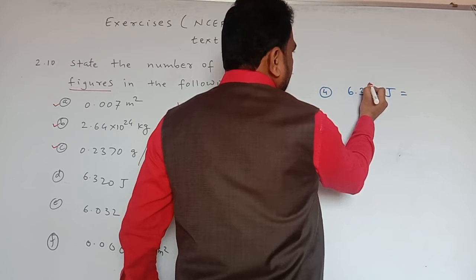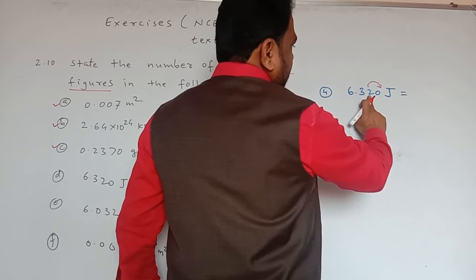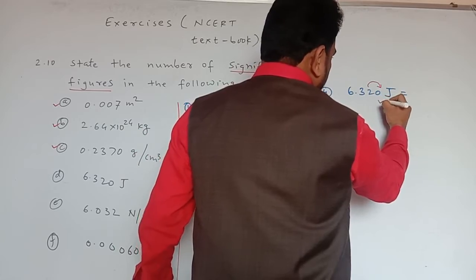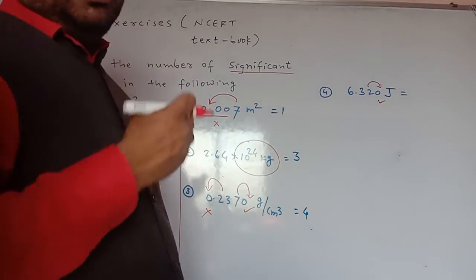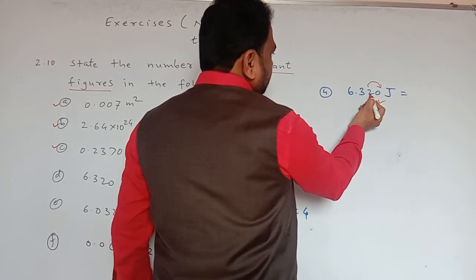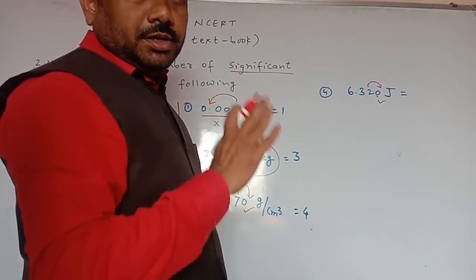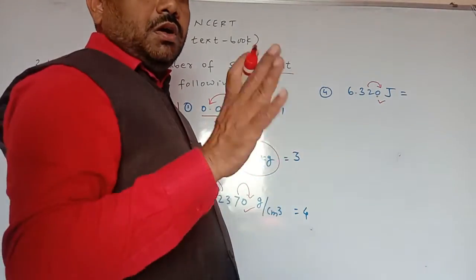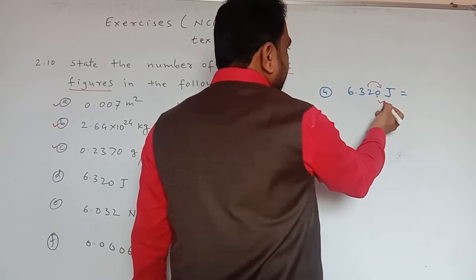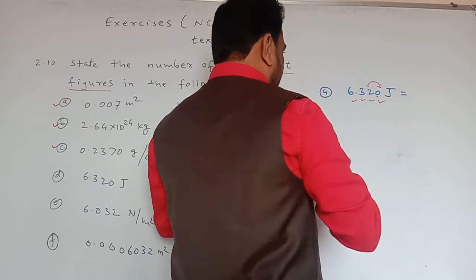It is on the right side, after a non-zero digit, so this 0 is also a significant figure. How many non-zero digits are there? 1, 2, 3. You have to consider this 0 also as significant because it is present on the right side of the number. If 0 is on the right side of the number, then it is also significant. So 1, 2, 3, 4: 4 is the number of significant figures here.